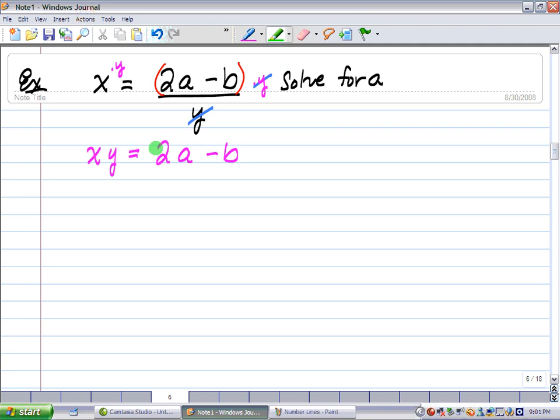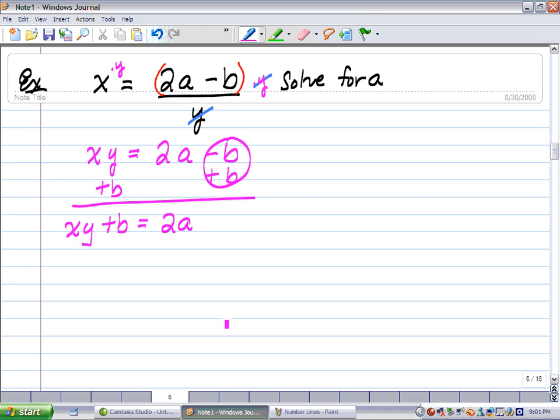I'm trying to get the 2a term by itself, so I'm going to add b to both sides. So I end up with xy, or x times y, plus b, equals 2a plus nothing, which of course is just 2a.